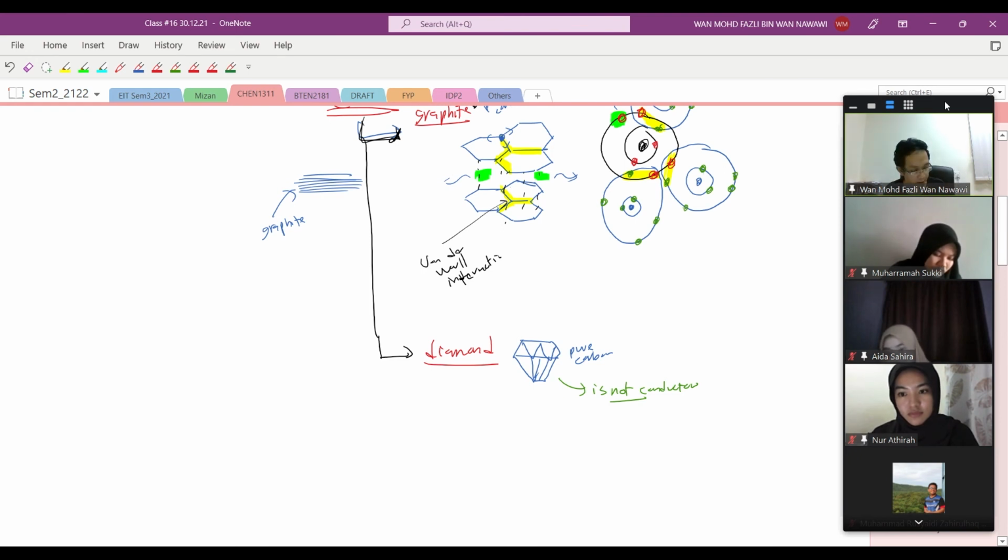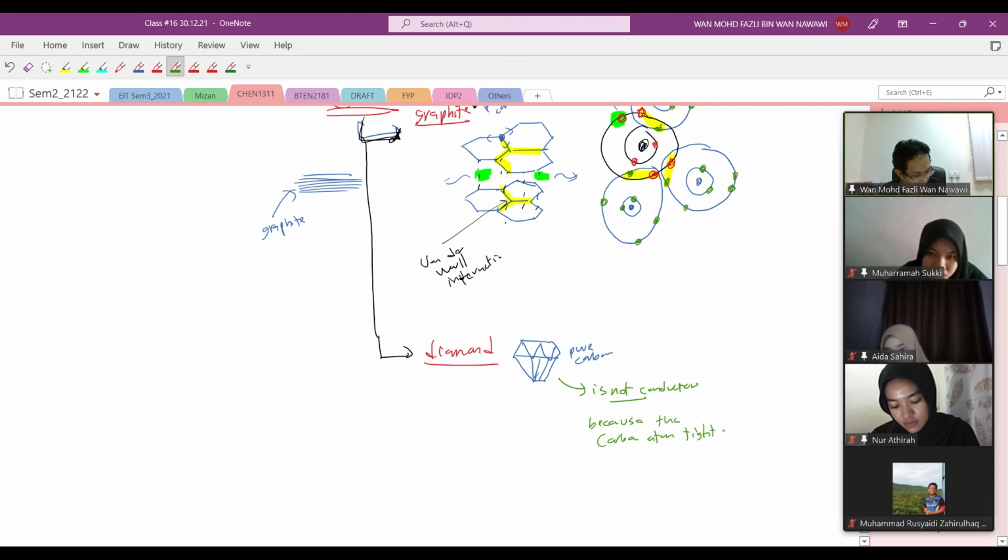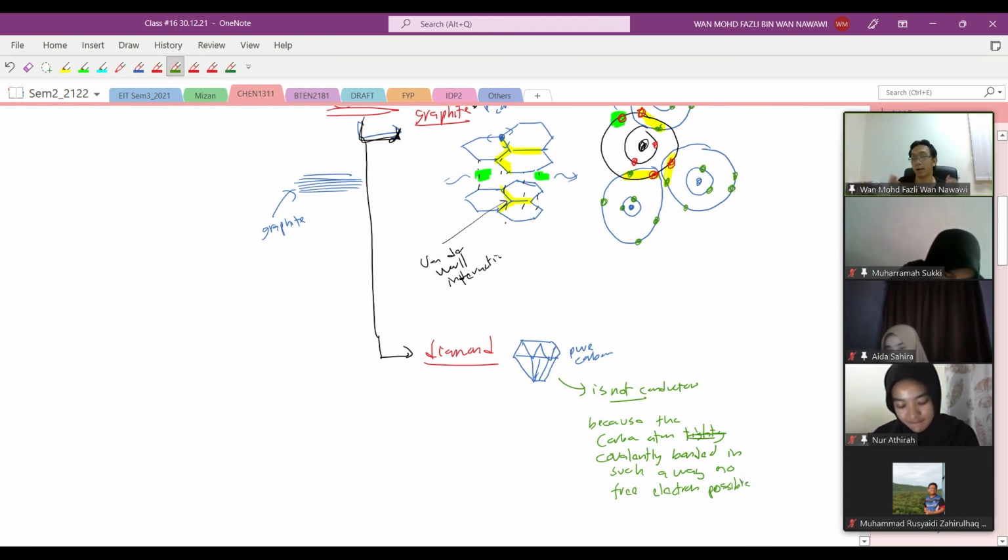So you see why diamond is not a conductor: because the carbon atoms are tightly covalently bonded in such a way that no free electron is possible. So even though it's pure carbon, the diamond is not a conductor.